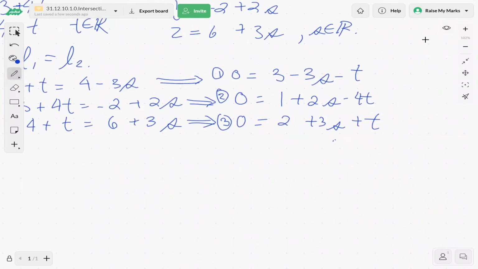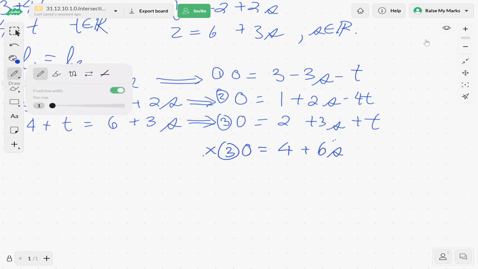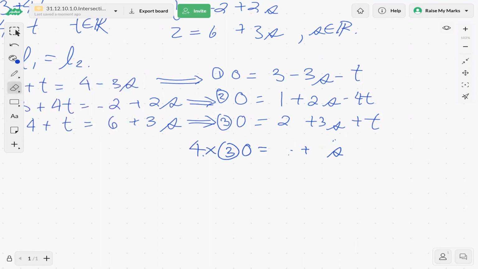Well, let's do 2 times equation 3. Actually, let's do 4 times equation 3. That's probably better. Then we get 0 equals 8 plus 12s plus 4t.